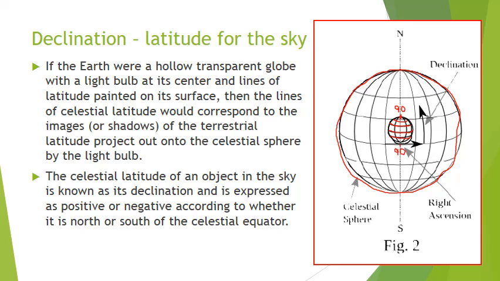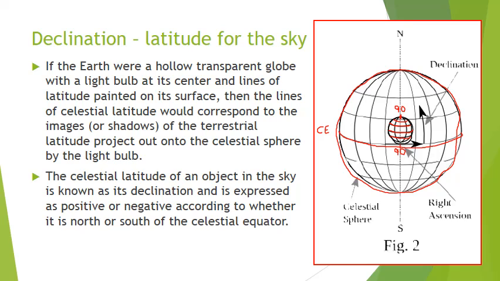And what you do is you project the Earth's equator out onto that celestial sphere. And when you do so, you wind up with what's called the celestial equator. Sometimes it's abbreviated CE. And you assign it a value. You say, okay, it's 0 as well. Well, 0 what? It turns out it's also 0 degrees, and instead of calling it latitude, we call it declination.